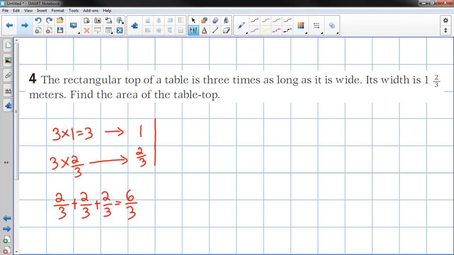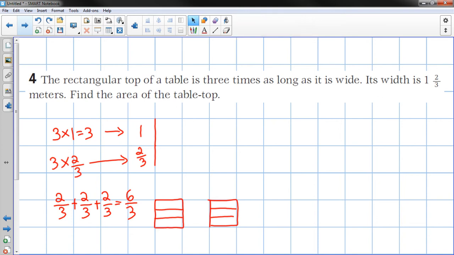If I were to draw that, here's a square in thirds. That's 3/3. Here's another square in thirds. That's 6/3. So 6/3, because each of these is a third, is really 2 entire things. So it's equivalent to 2 whole things.